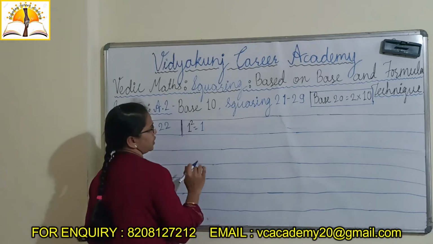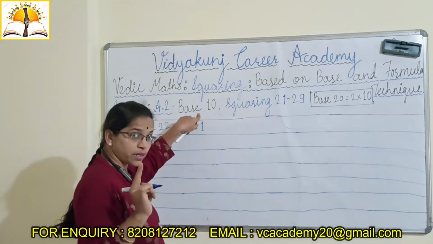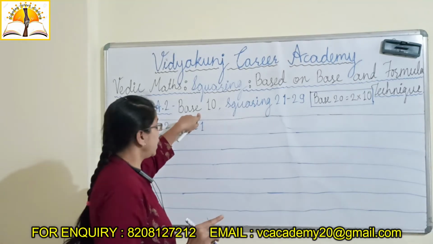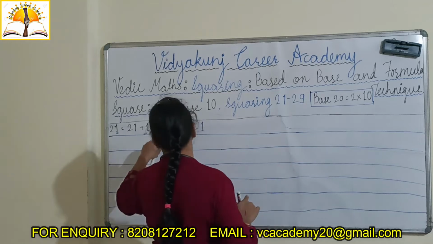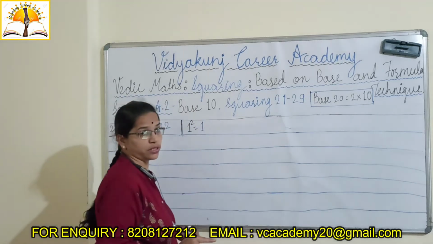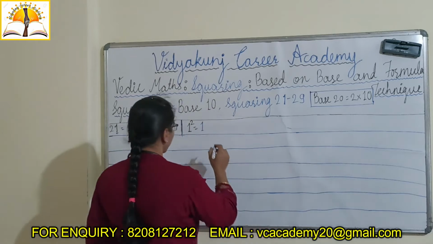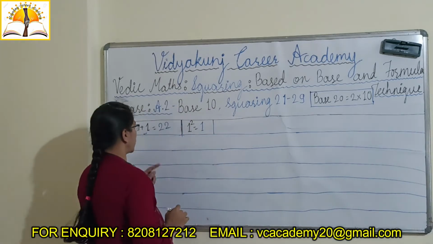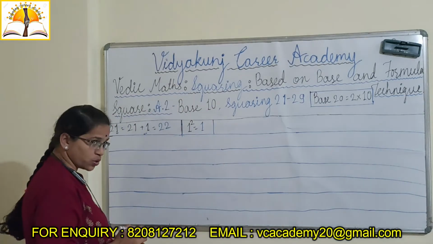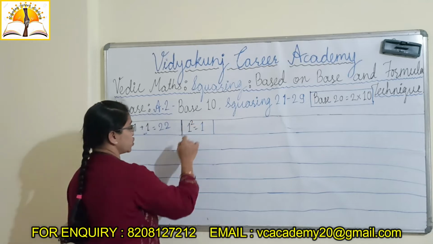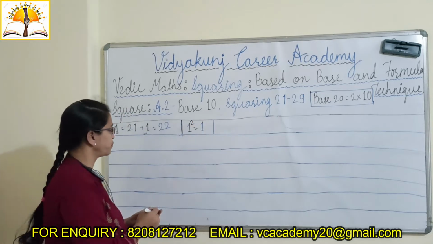Now in this case, see here, we have taken base as 10, in which how many tens here? See here, 21, 22, 23. How many tens here? 2 tens. On this base we are going to do. Okay. Now here 22. Yes or no? We have taken base 10, so we have to put 1 0.